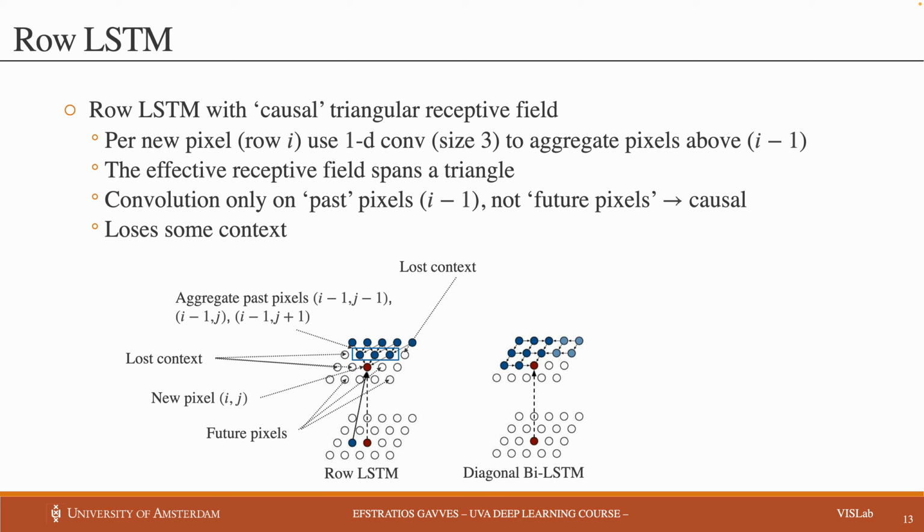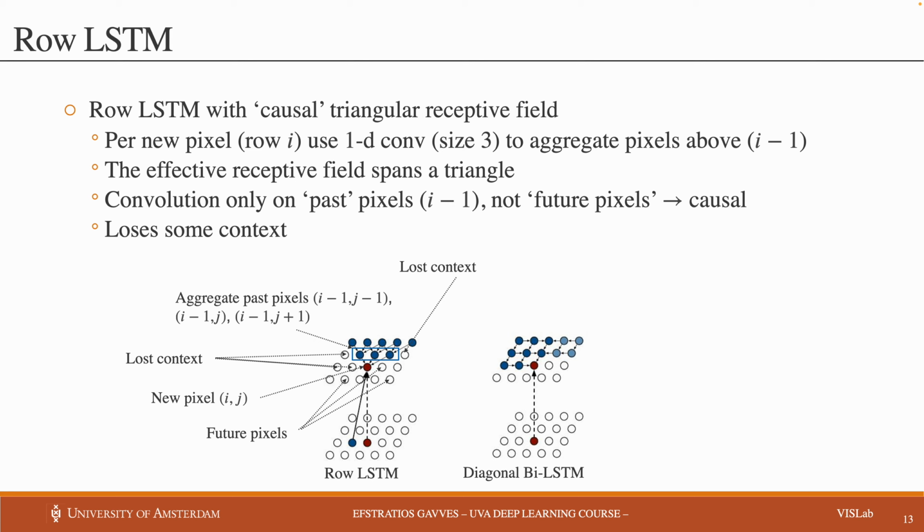Any operation that makes sure you don't have access to forward pixels works. Forward here means you assume an order, like the snake-like order. For as long as you don't violate this order, you're good. They assume the snake-like order, and then they propose this triangular receptive field for the convolution effectively.